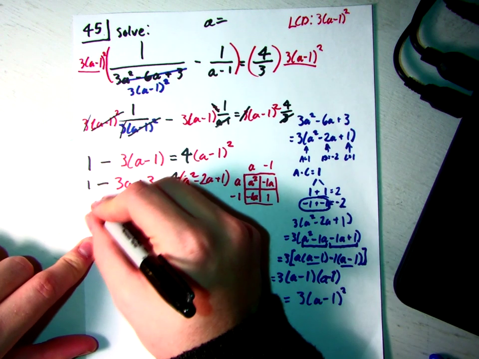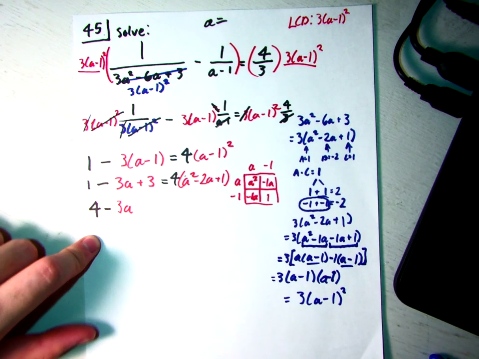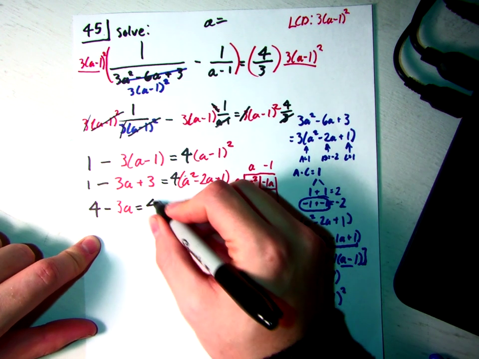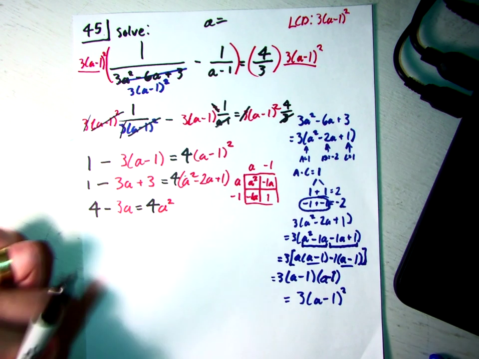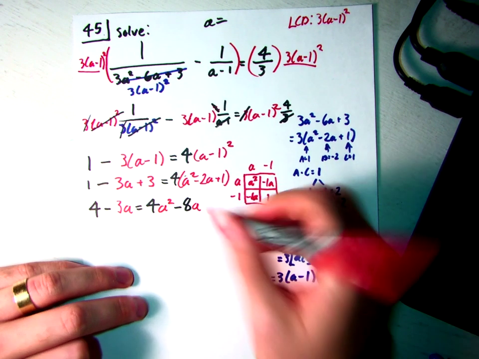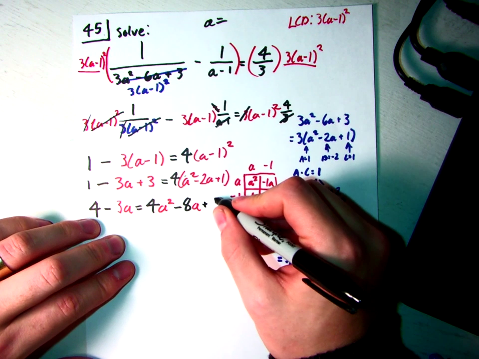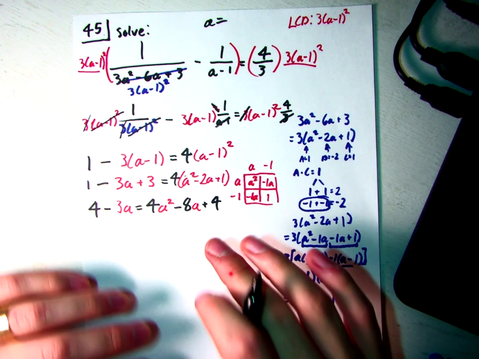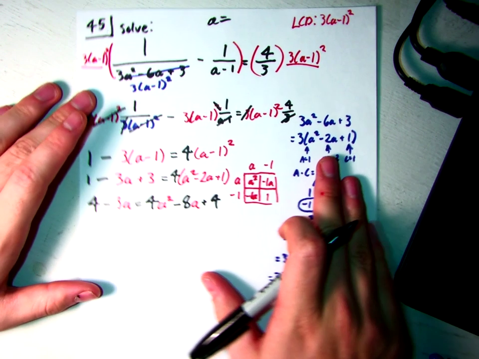I'm going to have 4 minus 3a equals, I'm going to have 4a squared minus 8a, and then 4, so I'm just distributing the 4 in. I'm going to have plus 4. Okay. Now, I've got everything in polynomial terms, algebraic terms, okay, and that's what I want.